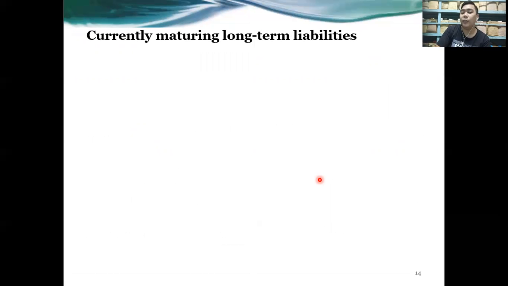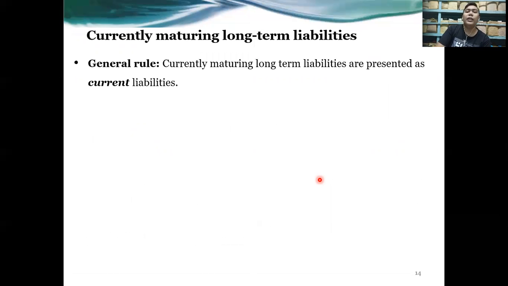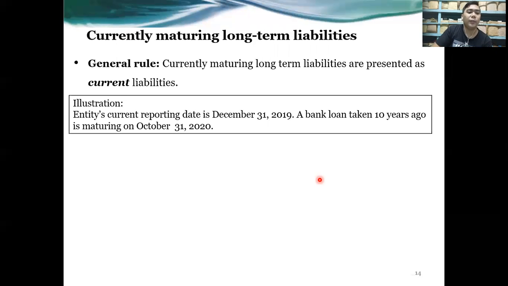Okay? Now, what do you mean when you say currently maturing long-term liabilities? Okay, amo ni siya inang mga long-term liabilities, mga loans, loan payables, nga usually 5 years or 3 years before mag-due. Pero, okay, mag-due na siya within a year. For example, the entity's current reporting date is December 31, 2019. Okay?